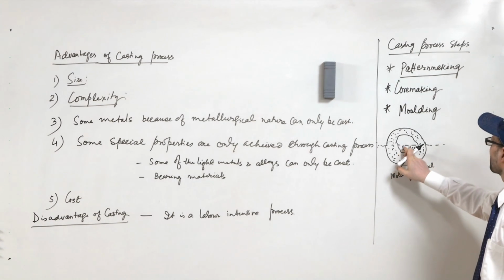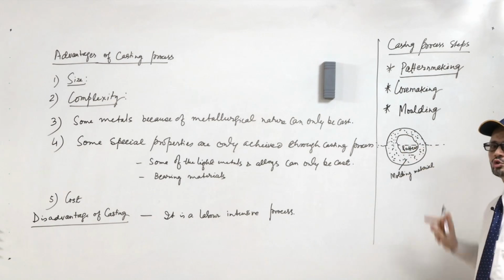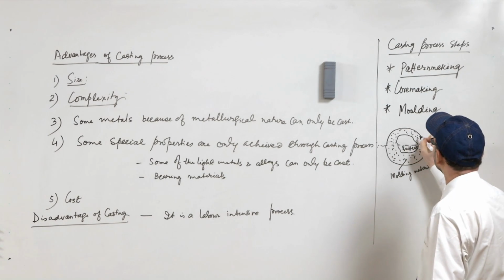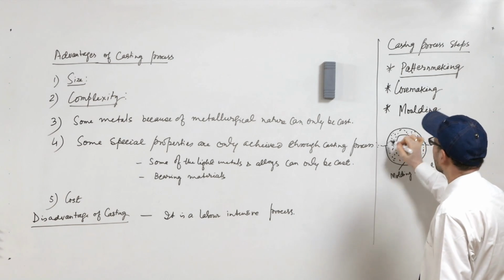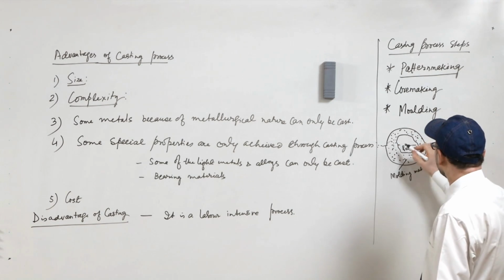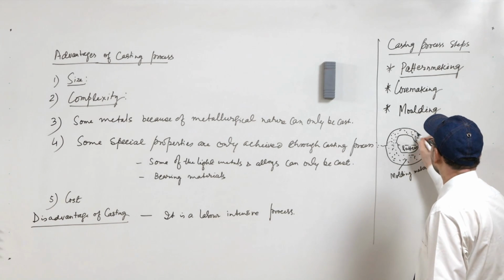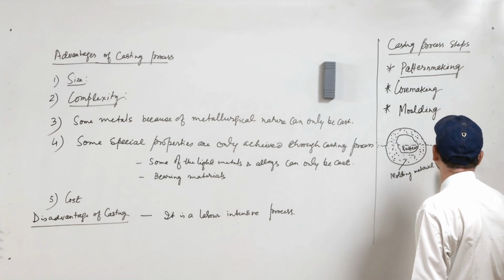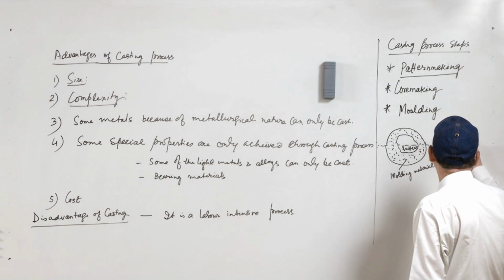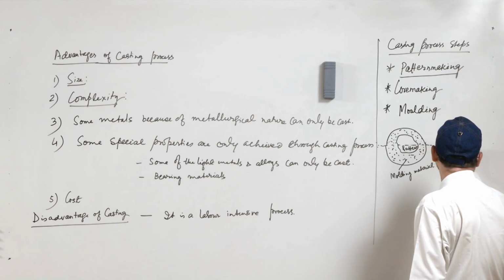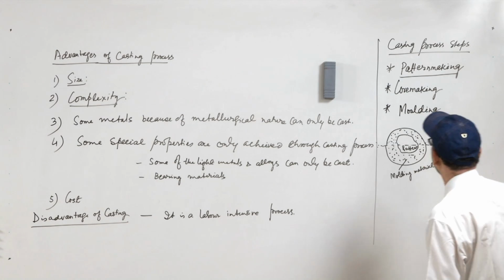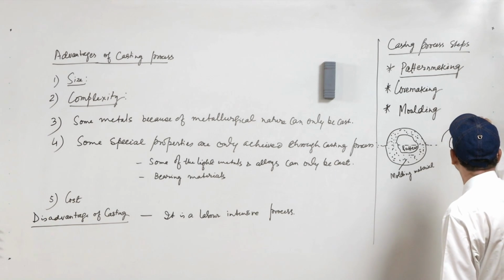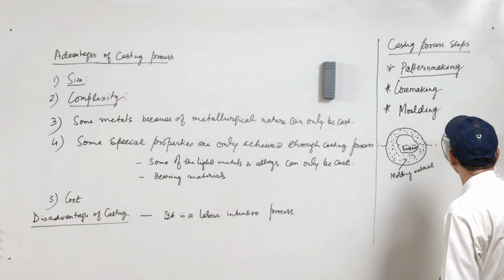having the pattern in two parts, and in every part you are having the molding material packed around it. This molding material will be there, but this pattern has to be removed. Once we remove it, this is a hollow part and outside you have the mold.